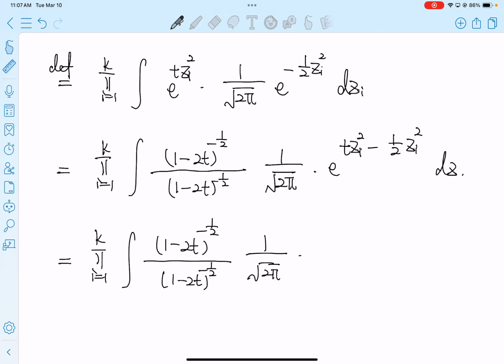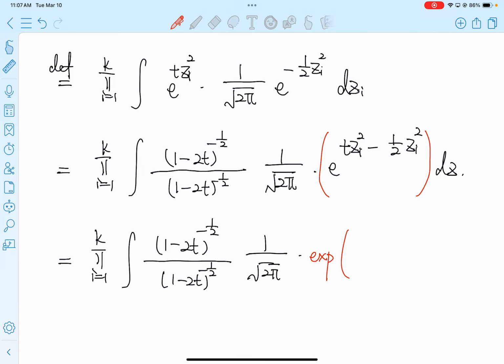Through some manipulation of this term here, which I underline in red, this is equal to e, let me write the exponent.